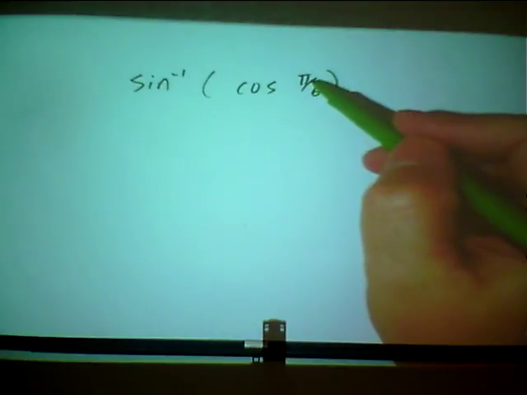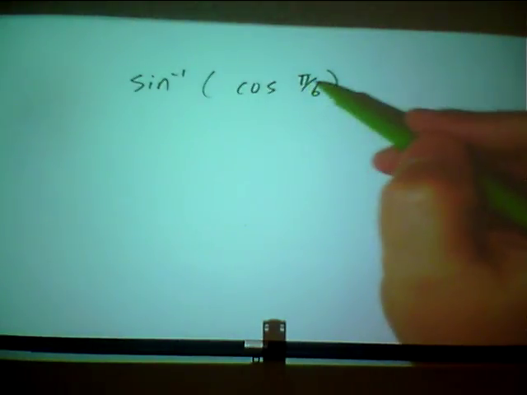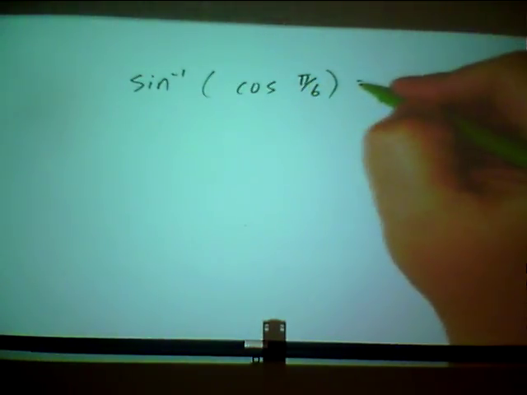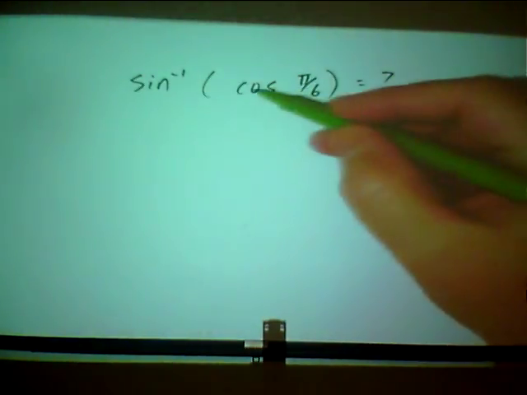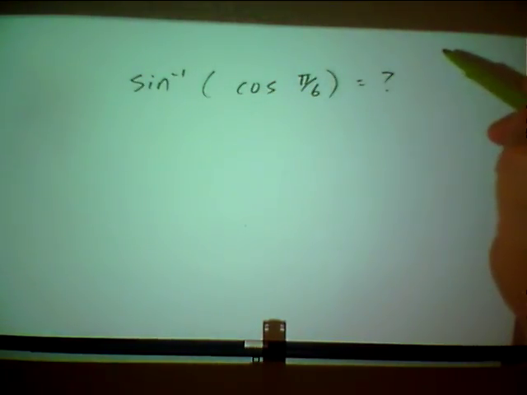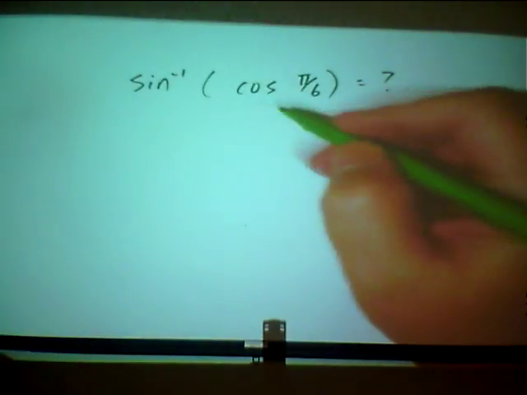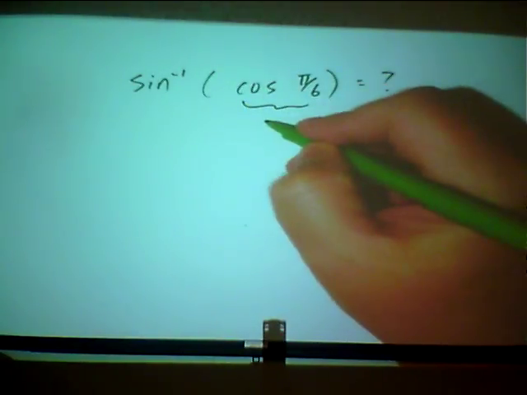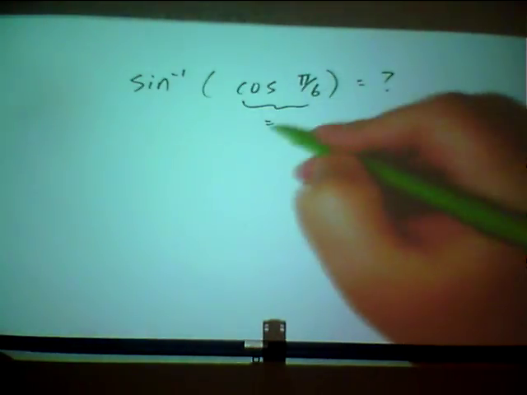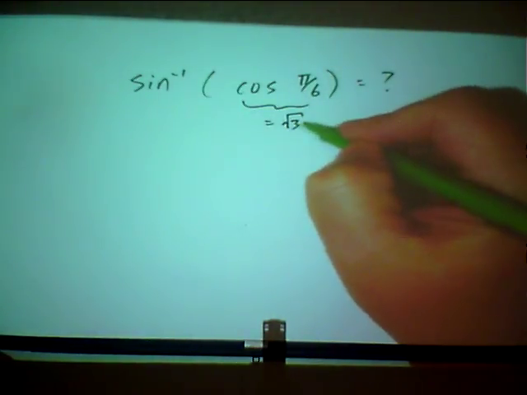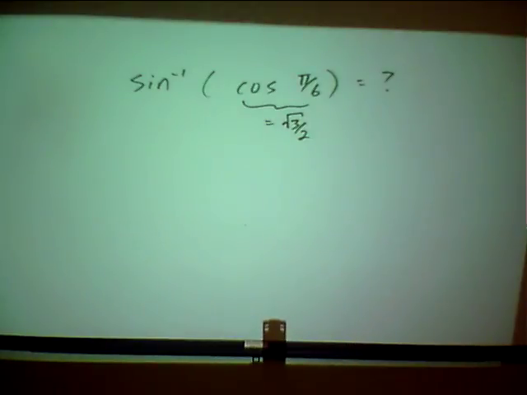Well, in this case, let's just do what it says. What is the cosine of pi over 6? We know that from our unit circle. Cosine of pi over 6 is square root of 3 over 2.